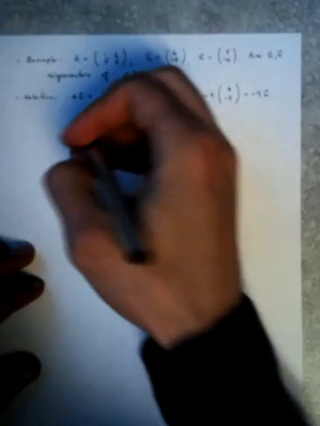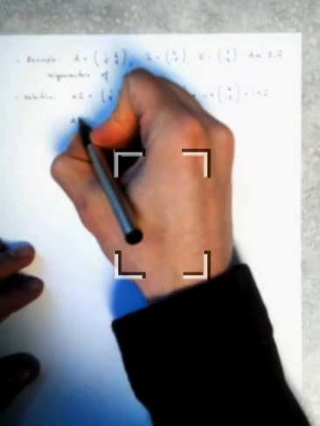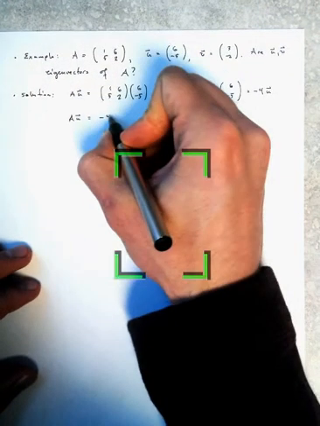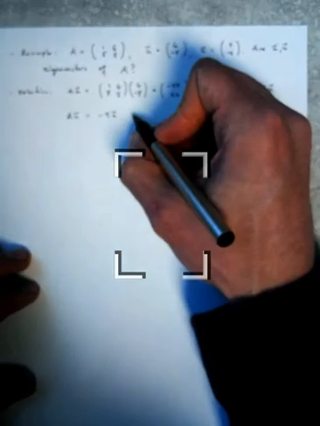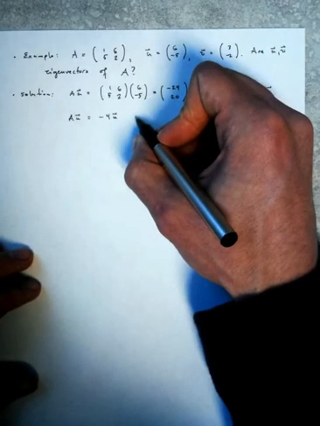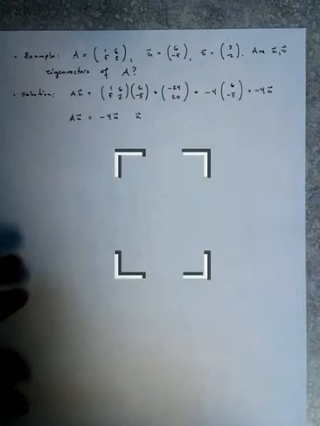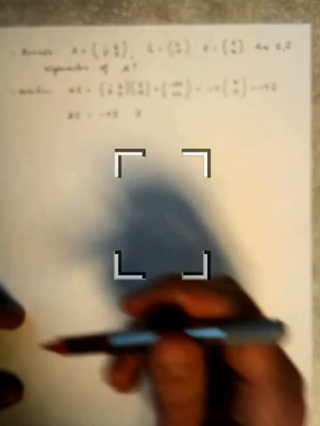So from this equation, A times U equals negative 4 times U, I get that, yes, it is an eigenvector. This equation is the definition of an eigenvector.